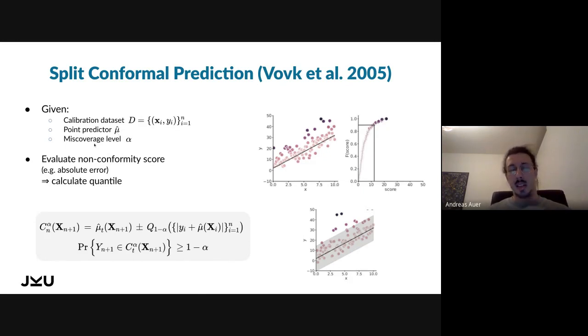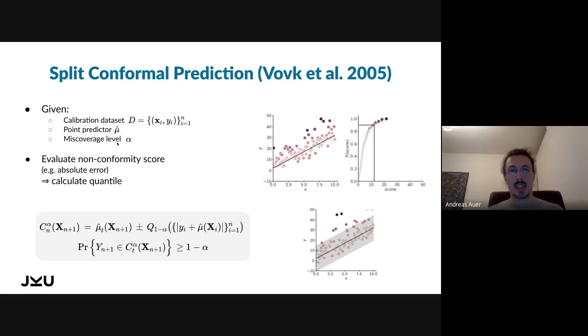And then you need to have a miscoverage level that you specify as you want. For example, if you specify the miscoverage level to 0.1, which means 10%, that means that in your prediction interval in the end, the probability that your value will be in this interval should be 90%.